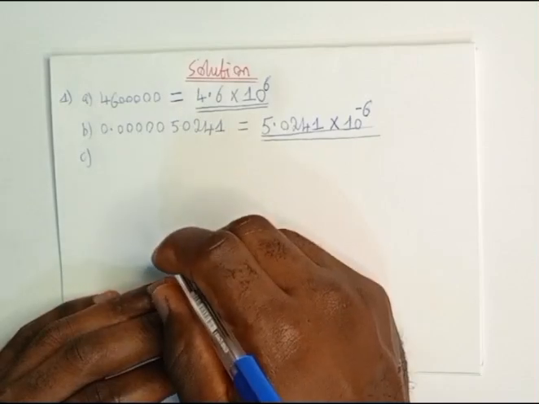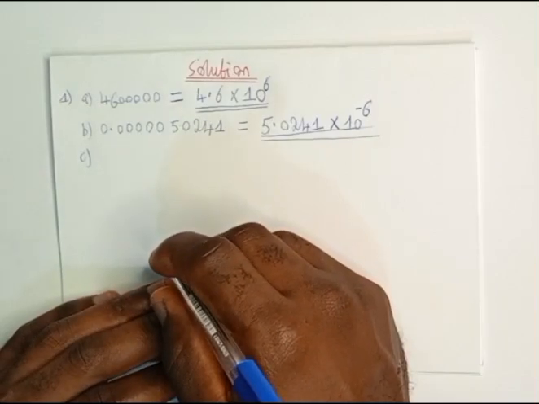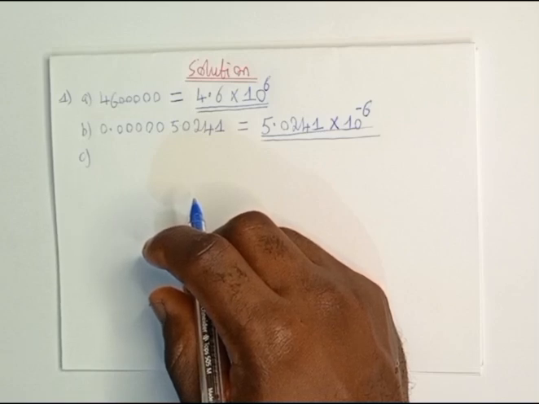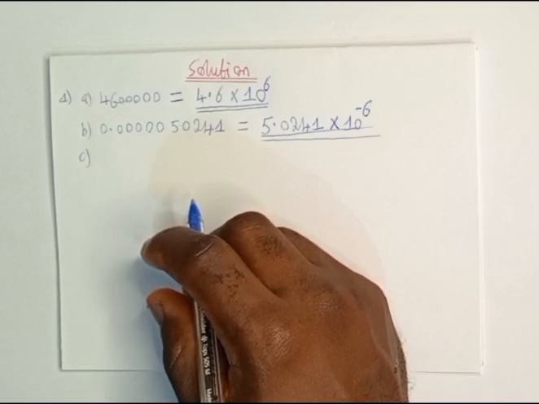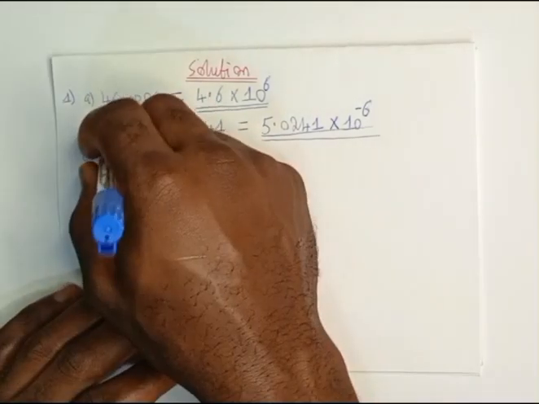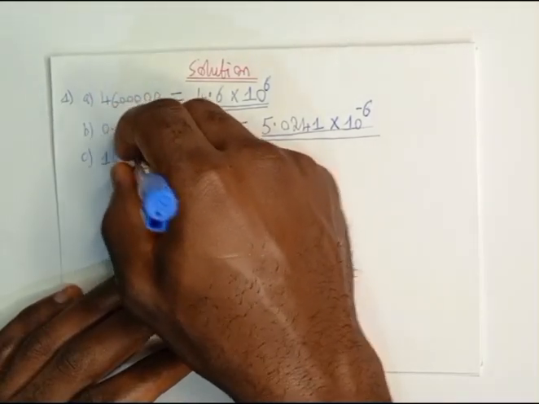We have the number 12 billion. Remember, 12 billion, that means 12,000 million. That's what it means. Since 1 billion stands for 1,000 million, we're going to write 12,000.